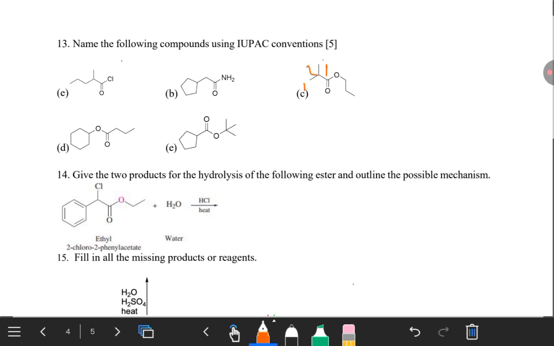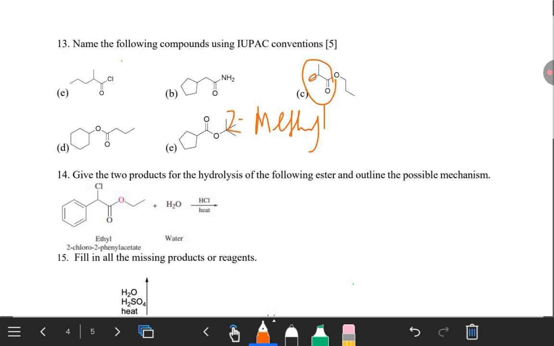There's a methyl at position number 2. So because there's a methyl at position number 2, we are going to say 2 methyl. Then this side, so 2 methyl, that's methyl at position number 2. We are considering this side, so 2 methyl there.